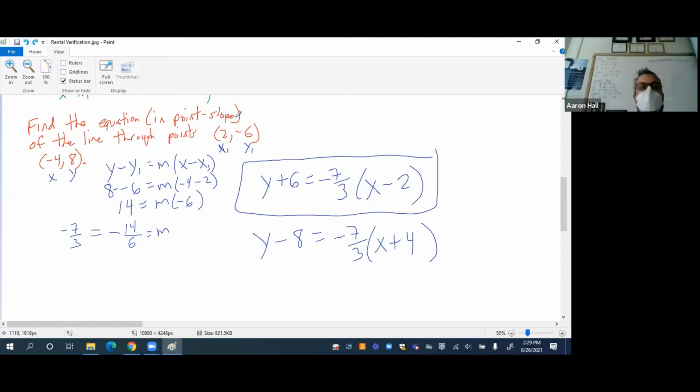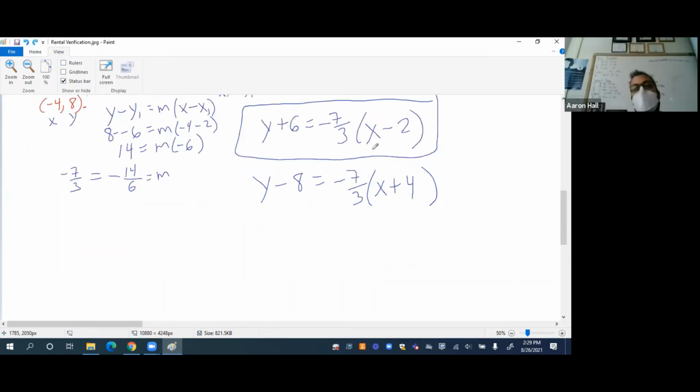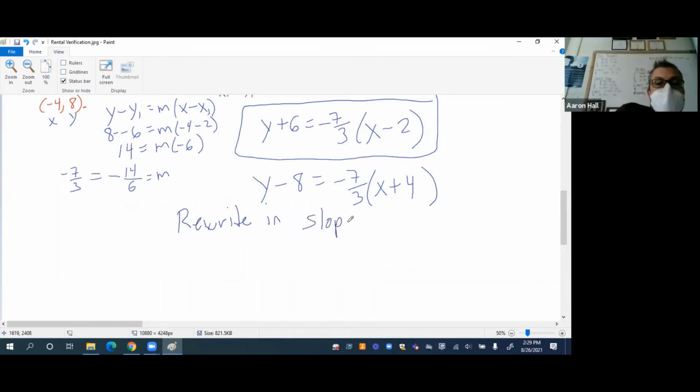What if I wanted to rewrite this from point slope form? What if I wanted to rewrite this in slope intercept form? How do you rewrite that in slope intercept form? How do we do that?